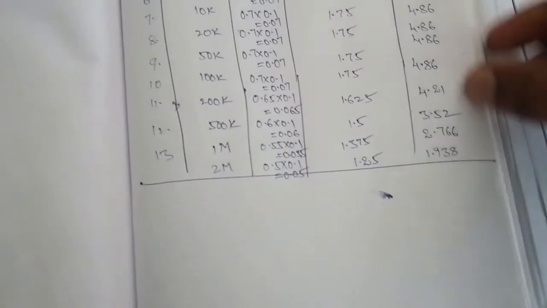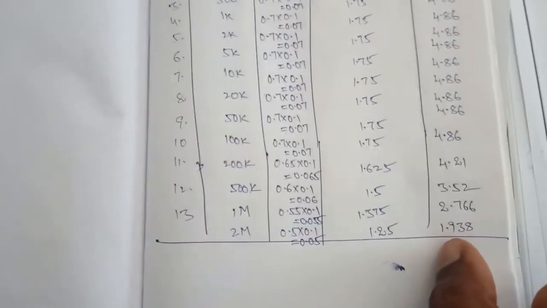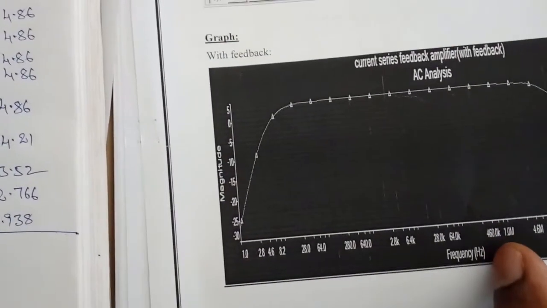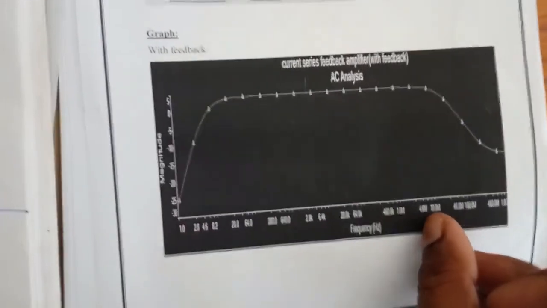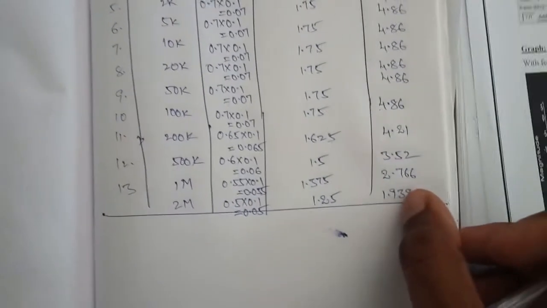After that it is reduced. We took frequencies up to 2 megahertz, where it is reduced to 1.938. At 2 megahertz we still get a positive value.